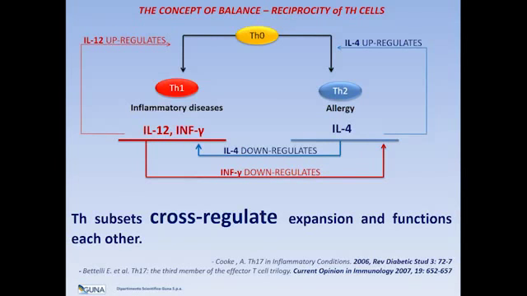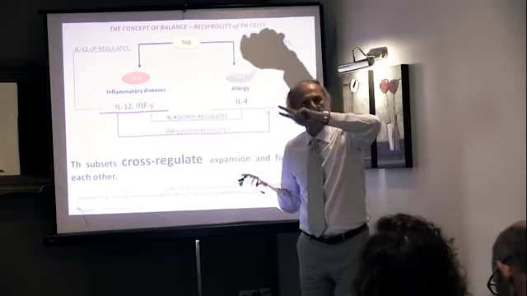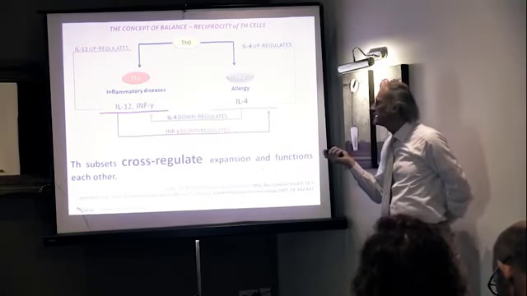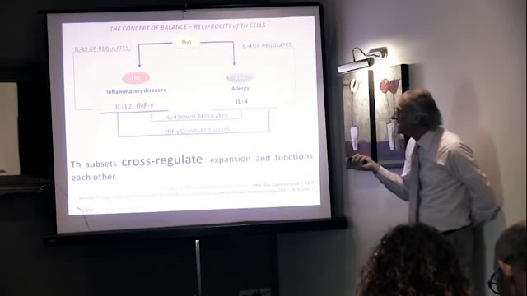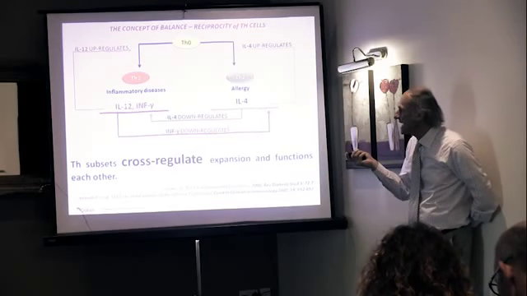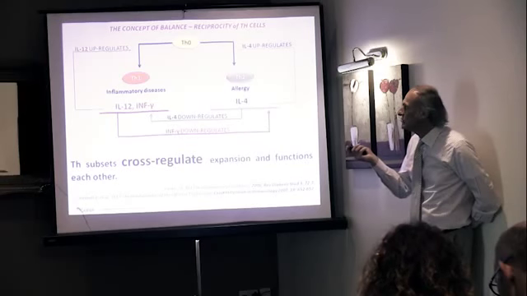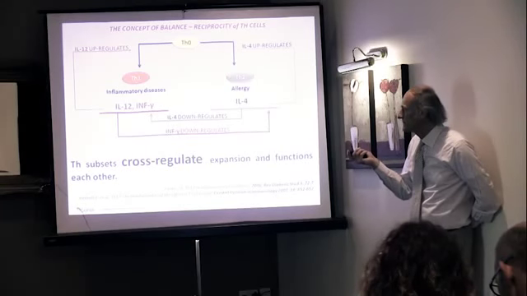Th1 produce several interleukins, but two are the most important: interleukin-12 and gamma interferon. Interleukin-12 is able to stimulate Th1.